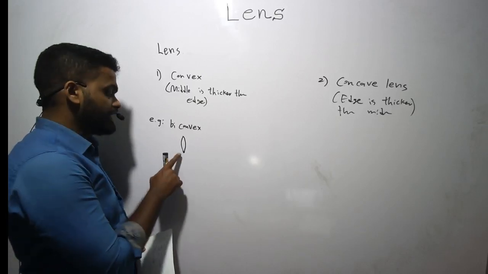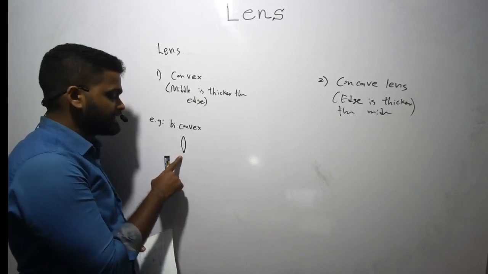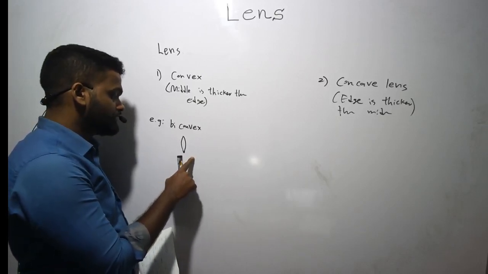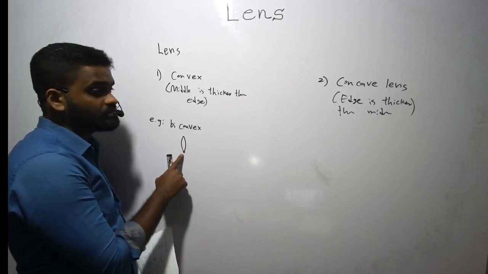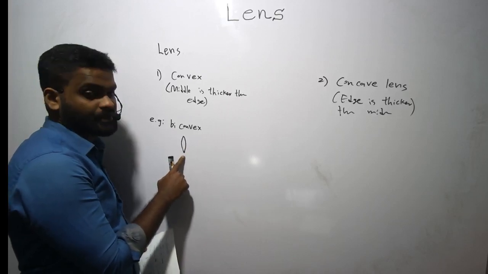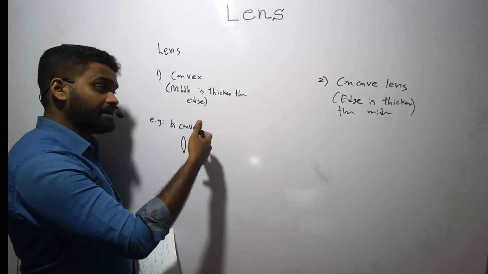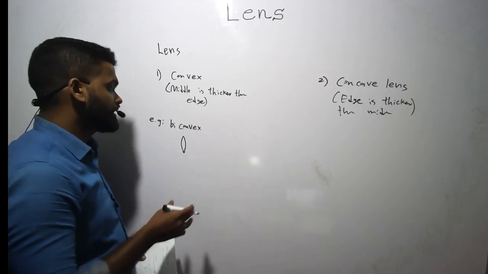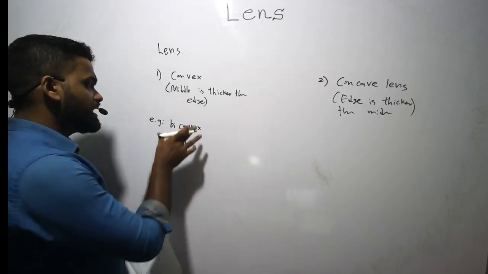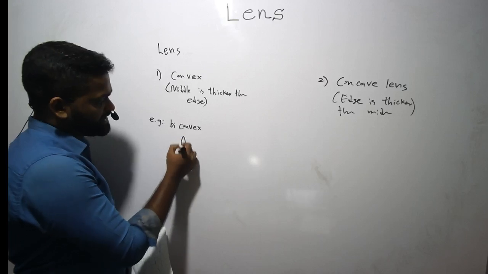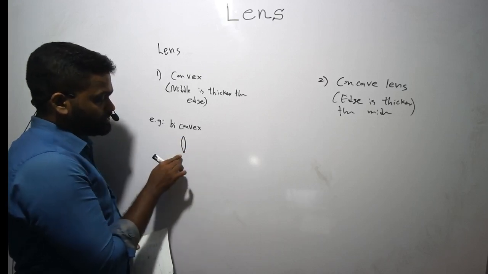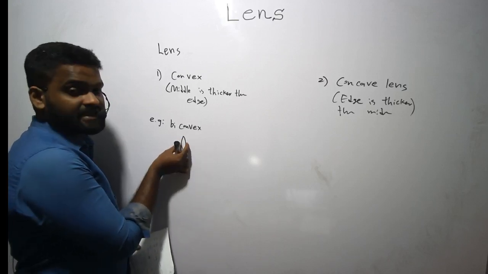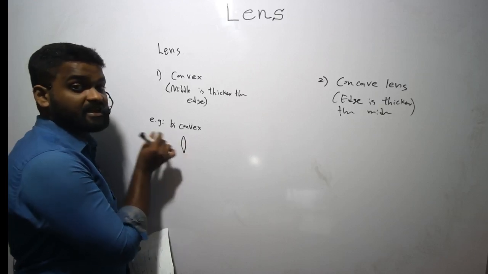Under the syllabus, we only have to deal with these types of lenses, but you have to be able to identify other lenses as well. So this is a biconvex lens. Bi means both sides. You can identify that the middle is thicker than the edges.